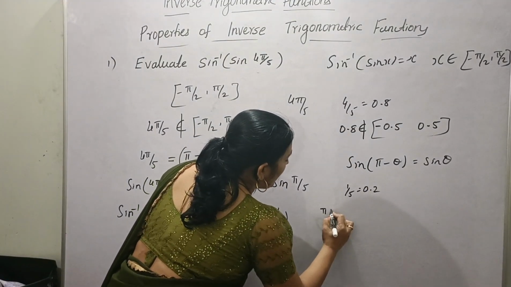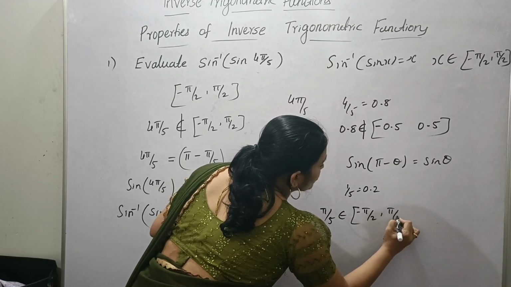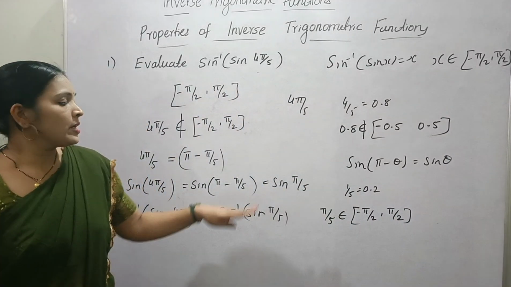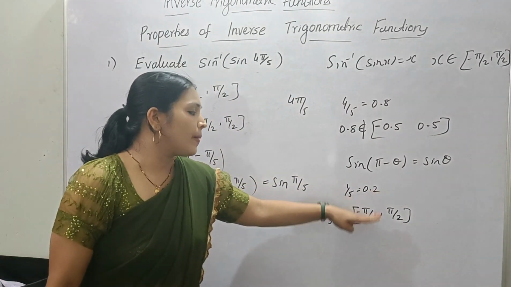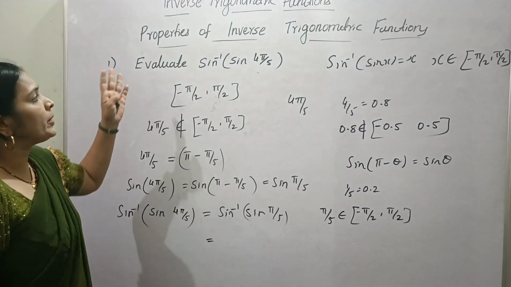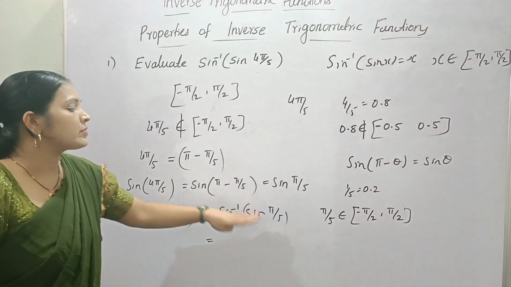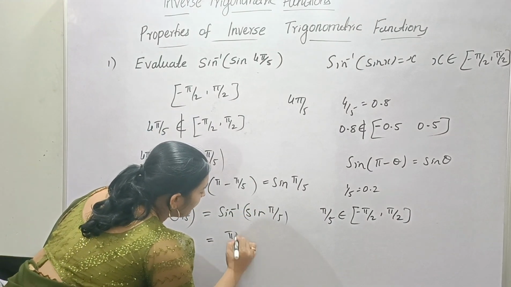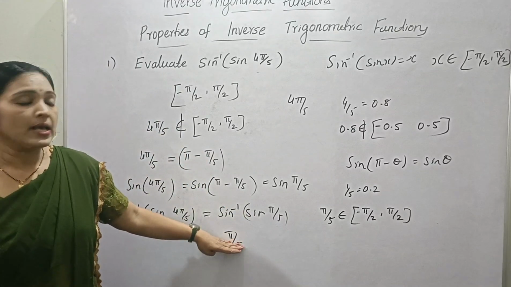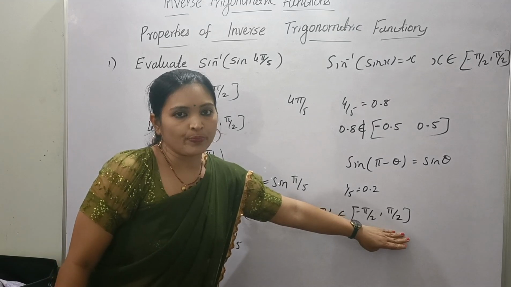That means pi by 5 belongs to the interval minus pi by 2 to pi by 2. Now, according to the properties of inverse trigonometric functions, sine inverse of sine pi by 5 is equal to pi by 5. Why? Because pi by 5 belongs to minus pi by 2 to pi by 2.